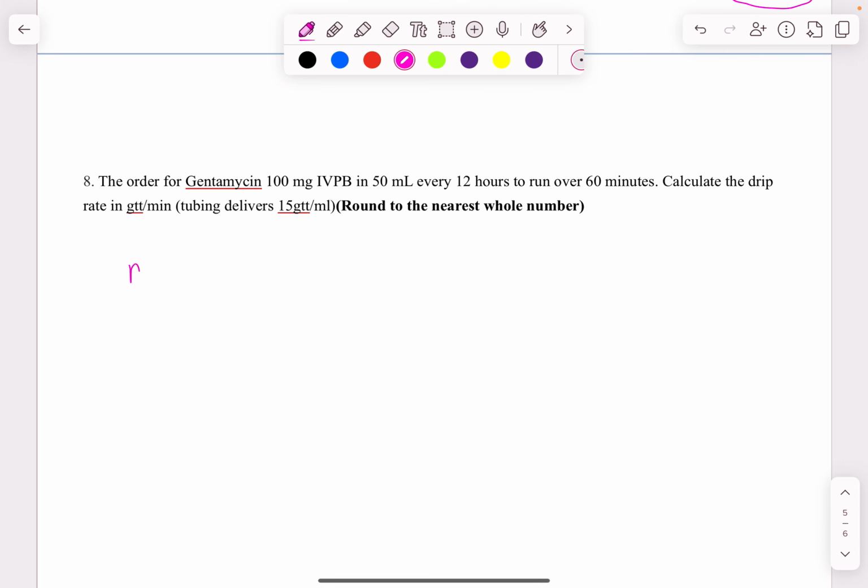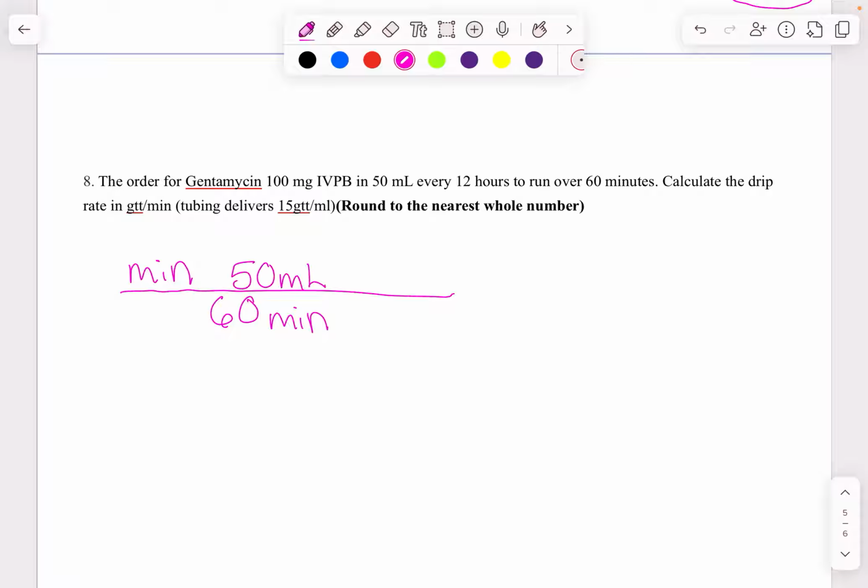Okay, so again, I like to put the minute there for a placeholder. And then I know that I have 60 minutes. And I want to run 50 mLs in those 60 minutes. I know that I need mLs to balance, and that I have 15 drops per ml.